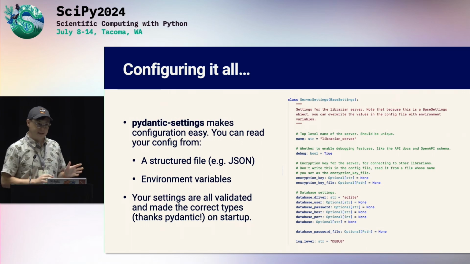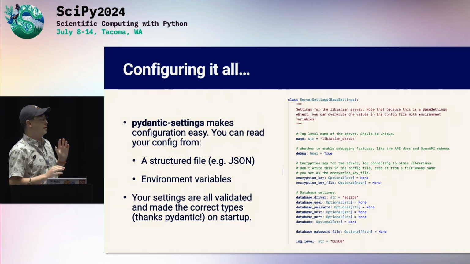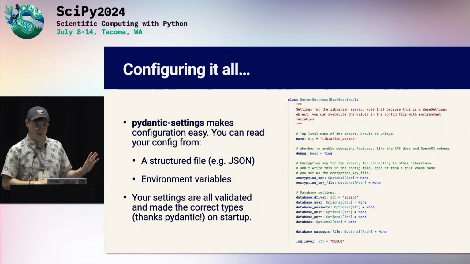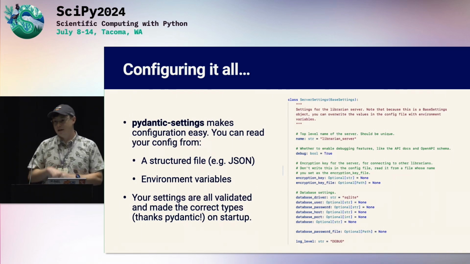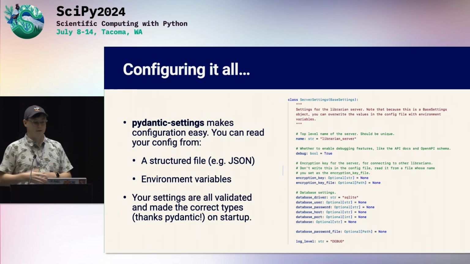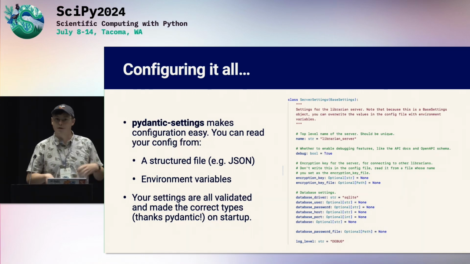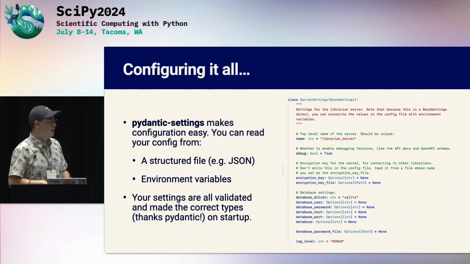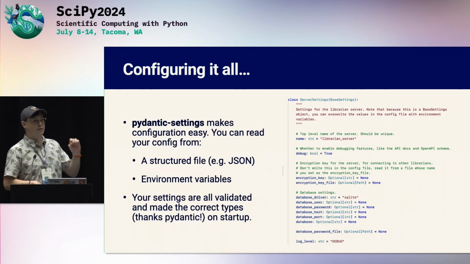Pydantic settings is really the way that I would recommend configuring any project in the future. What this allows you to do is write a Python class that is a Pydantic model that can be loaded from a structured file like JSON or YAML, of course, but you can also automatically overwrite any of the fields with environment variables.